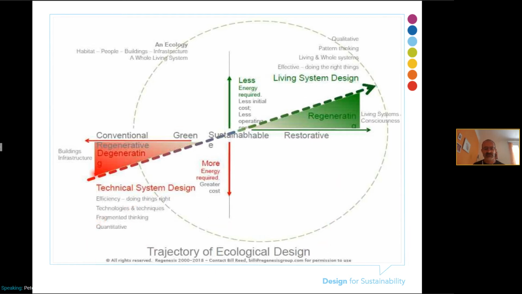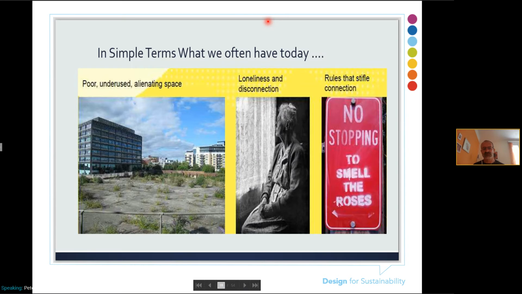On the left-hand side is where we still are at the moment, having degenerative systems, and then moving up in our design process through a green design process like sustainable buildings, then maybe sustainable as such, which we are trying to maintain as status quo, even though it's questionable what status quo we are actually trying to maintain, and then moving through restoration, resilience, and into regenerative design. I'll come back to that in a minute.